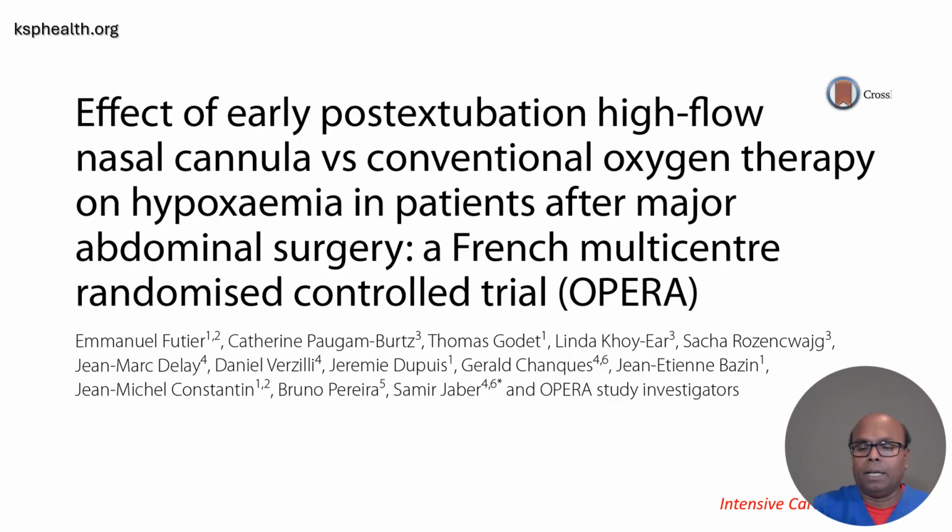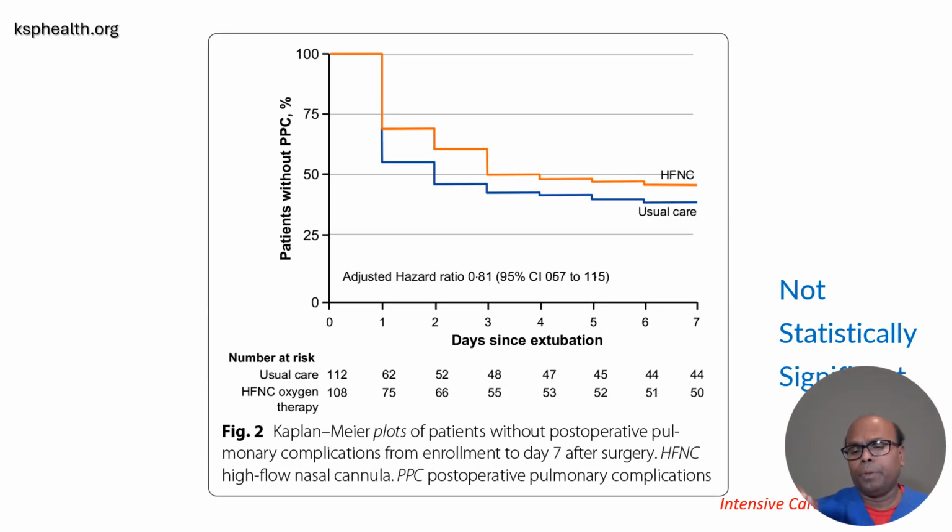There was another study done. It is not on patients with prior or ongoing lung disease. These patients had undergone major abdominal surgery. It's called the OPERA trial, done in France. This particular study looked at extubation into high flow nasal cannula versus usual care. As you can see, high flow nasal cannula patients had fewer complications than the usual care patients, but the difference is not statistically significant.